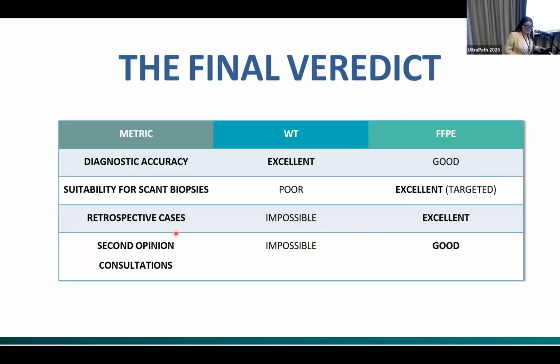And for retrospective cases or in second opinion consultations, the FFPE is a good option. For the second opinion consultations, as I previously said, we have the contrast that the tissue preservation is more valuable, and it's not always possible to control this initial preservation.